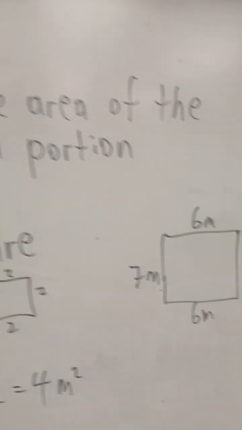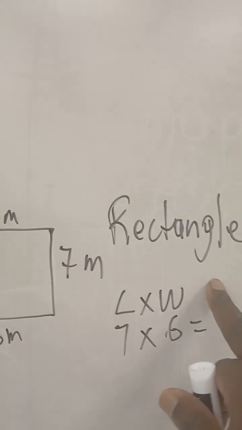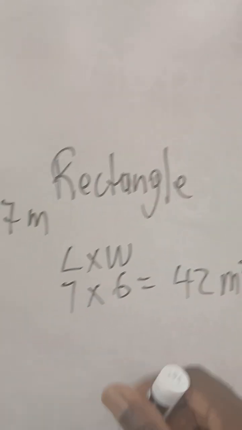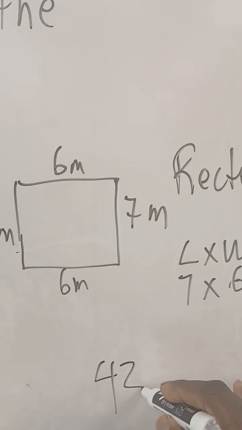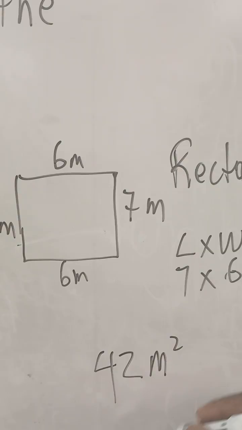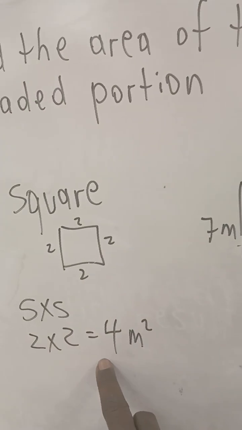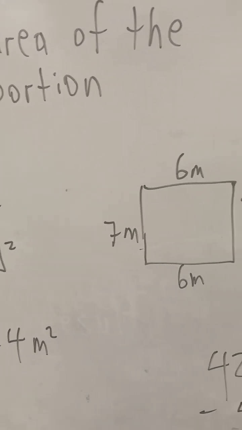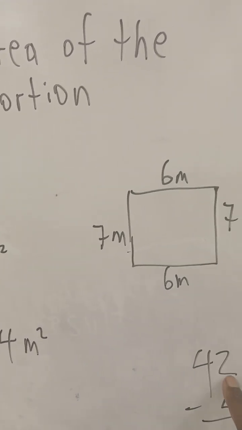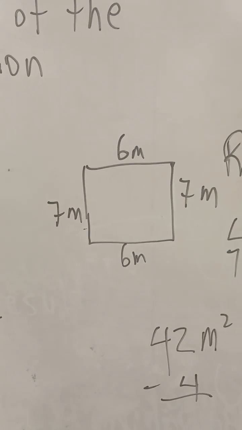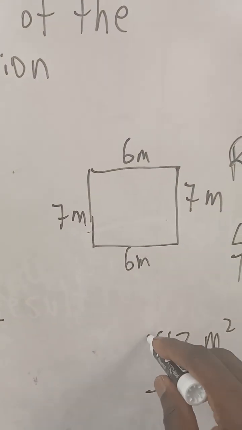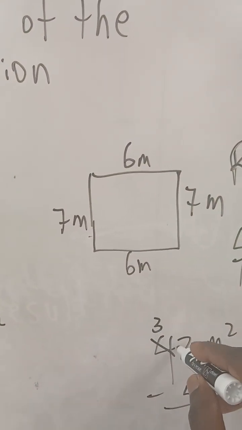So we have to take the bigger one, which is 42 meters. So it's 42 meters square. You can leave off the meter square until you're finished. And you have to take out what? The 4 here. So it's minus 4. 4 from 2 you can't, so what do you do when you can't? You go to the 4, you take out 1, leave 3, and you put the 1 there.